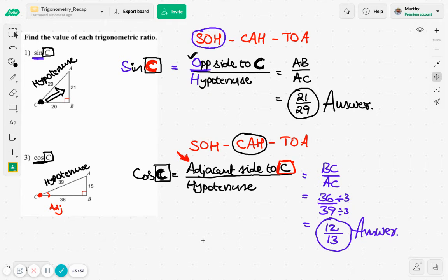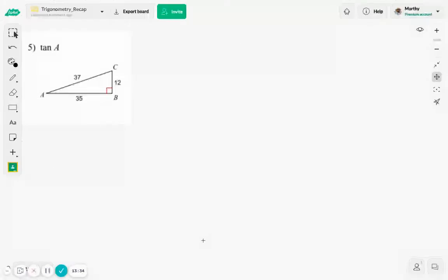Now let's go to the next page, and here let me make a small change. Instead of cos, let me take tan C. As I told you before, I like to write SOHCAHTOA.